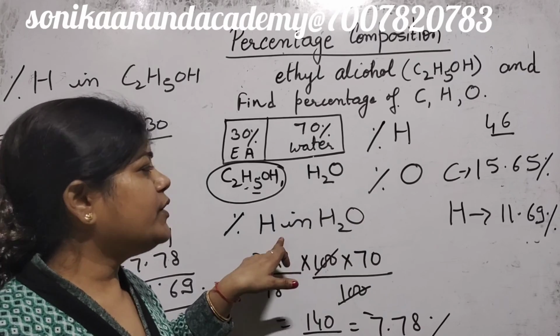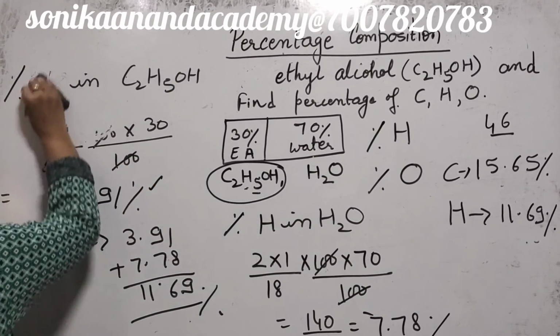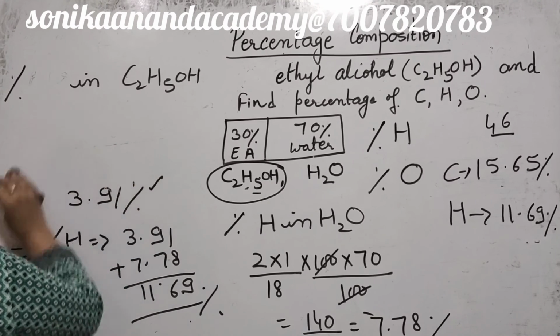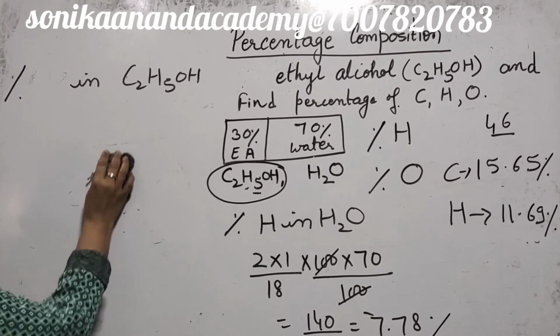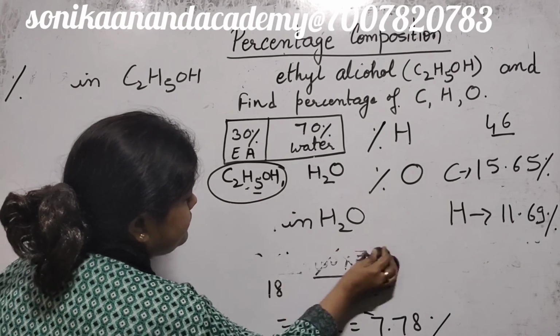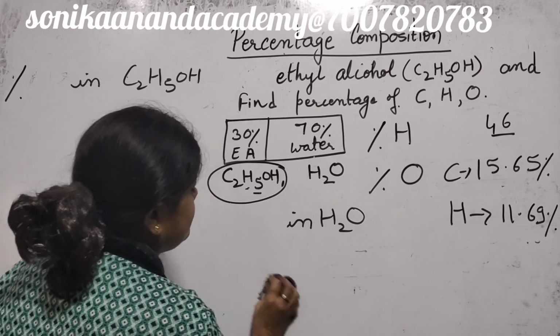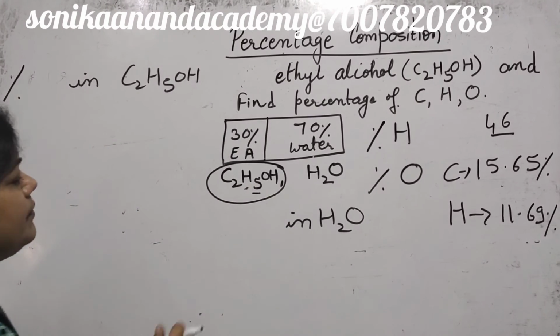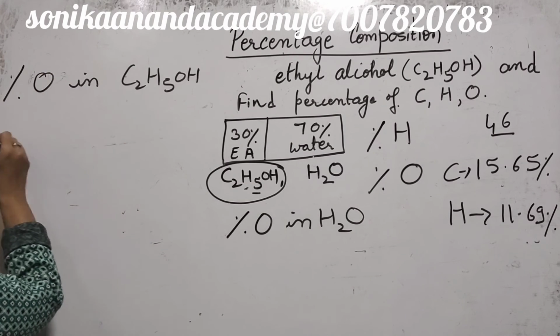And I am also going to solve the percentage of oxygen for both the cases. Watch over here. Do it yourself. I am also doing it on the blackboard. Okay? Do it in your notebook. Percentage of oxygen in water, percentage of oxygen in this.